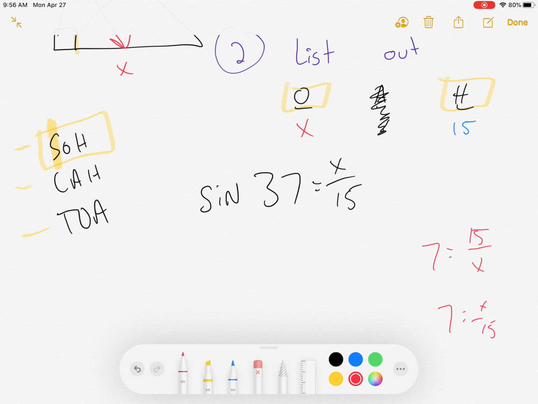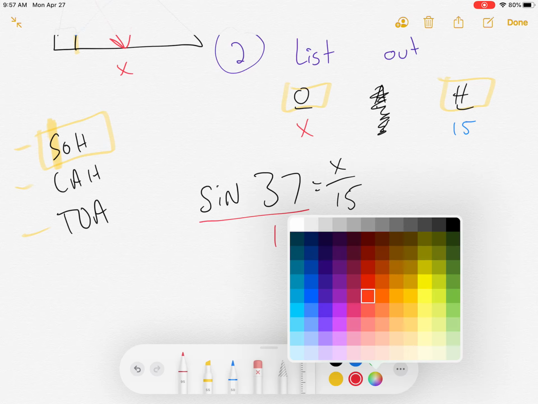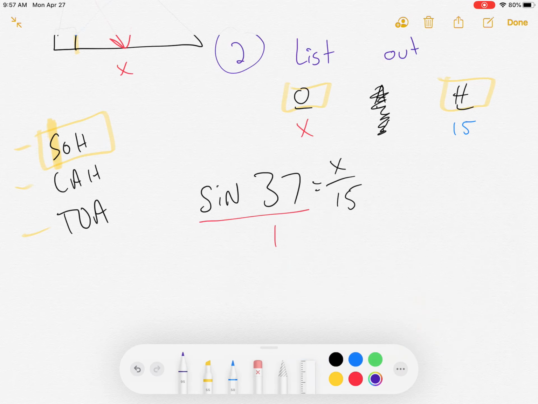That's a whole number equals a fraction. An easy way to solve for x is to put the number over 1 and then cross multiply. So we're going to do the exact same thing. We're going to put this sine over 1, and then we're just going to cross multiply. So I'm going to say 1 times x, that's just x.